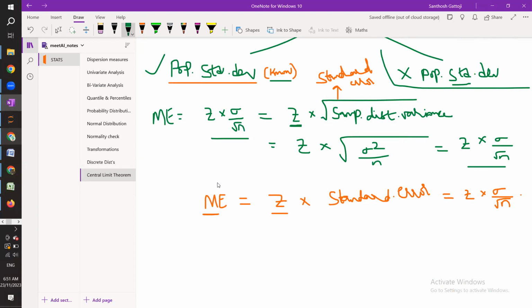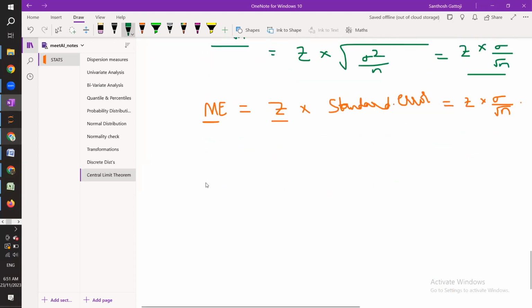Now finally, if the population variance is known, then the formula is, observe this, this is very important: point estimate.